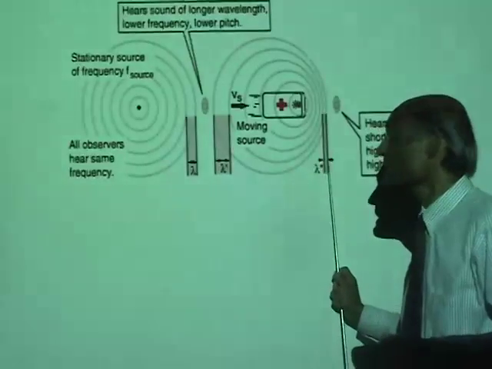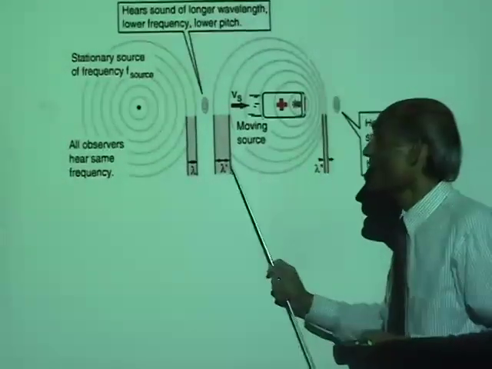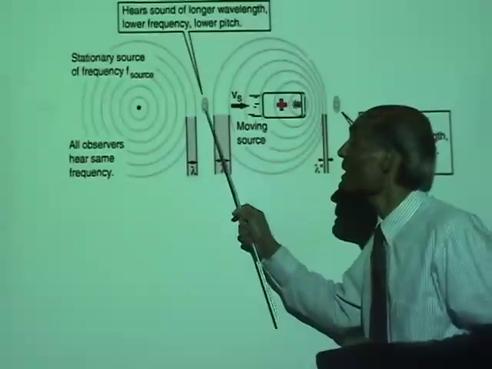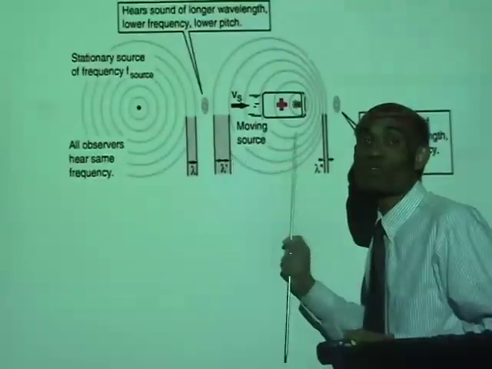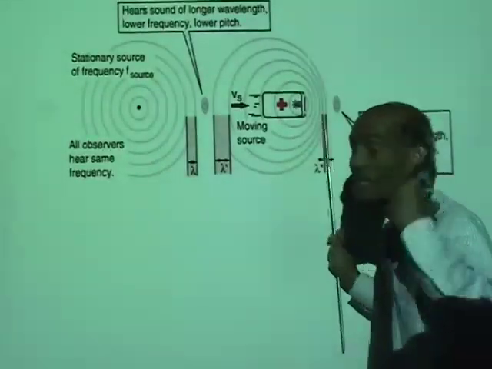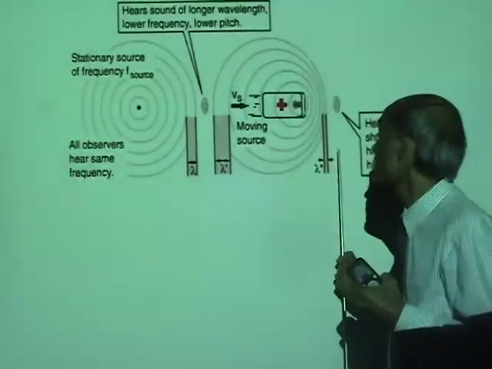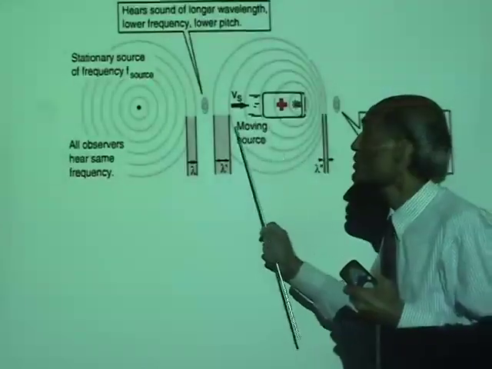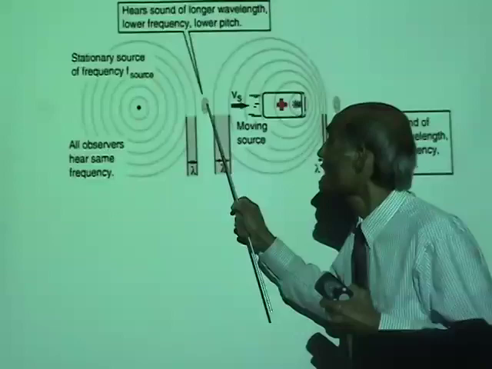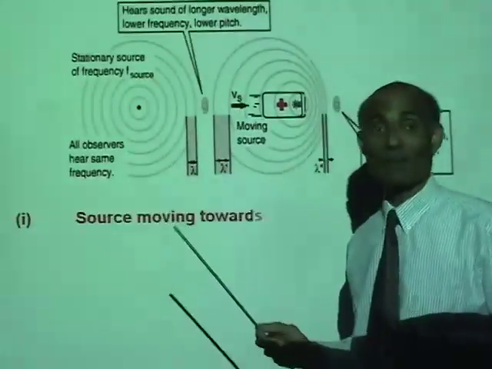This is the wavelength as received by this listener. And this is the wavelength as received by this listener. Now look at the difference. The wavelength as received by the listener in front of the ambulance is very small, whereas the wavelength of the wave that is received by the listener behind the ambulance is much longer.